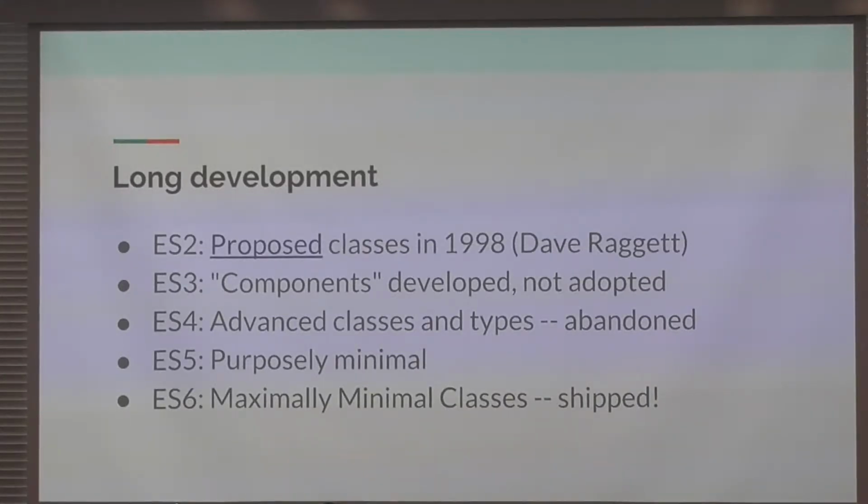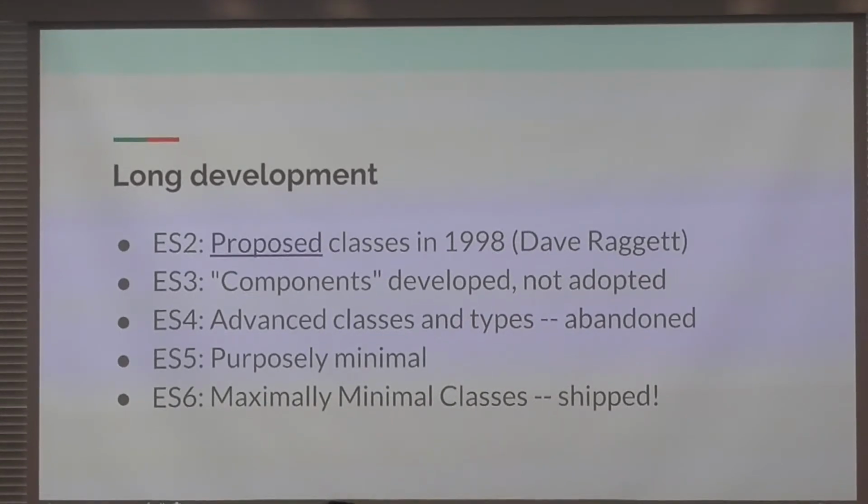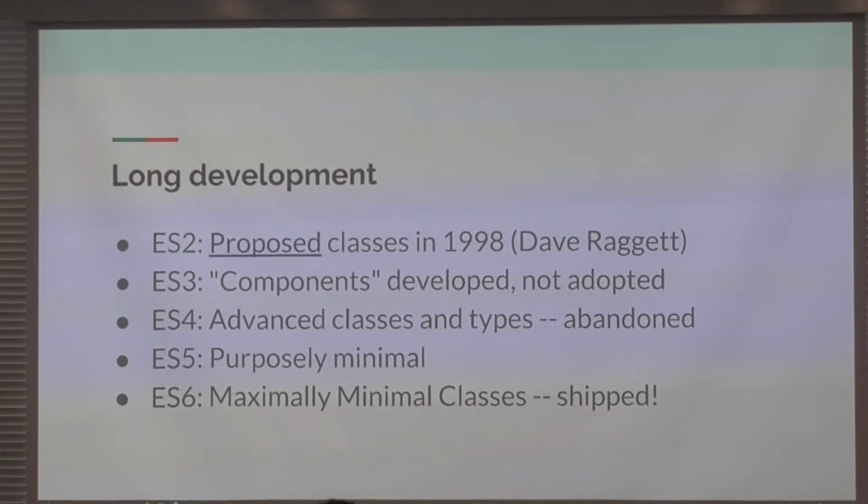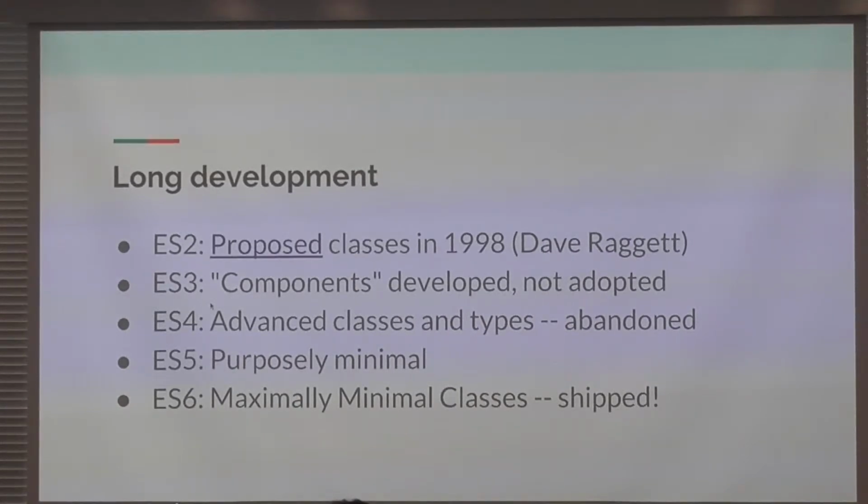And over the last 20 years, 17 years until they got ES 2015 out with classes, there were several different class proposals. So in ES2 there was this one. In ES3 there was a long investigation into components.